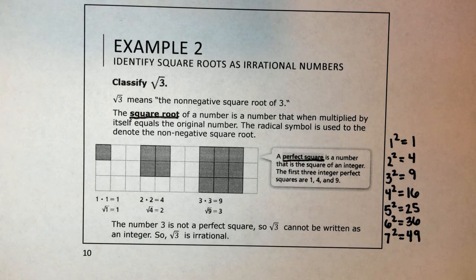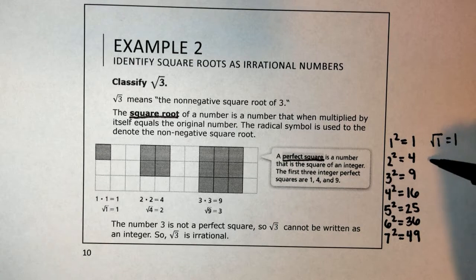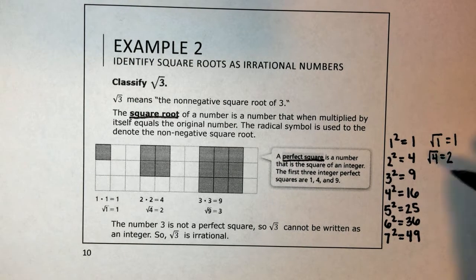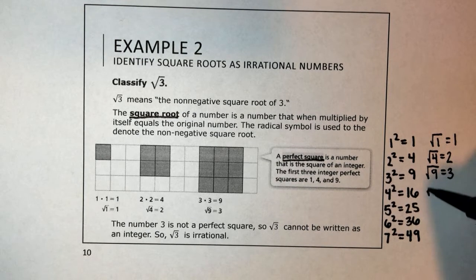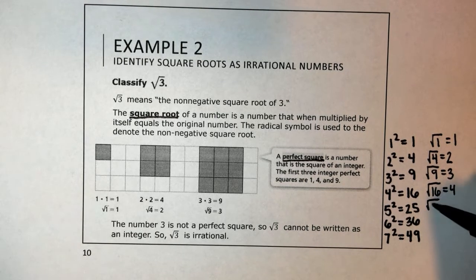So when I have a perfect square, I can take the square root of it. The square root of 1 is 1. The square root of 4 is 2. The square root of 9 is 3. The square root of 16 is 4. The square root of 25 is 5.